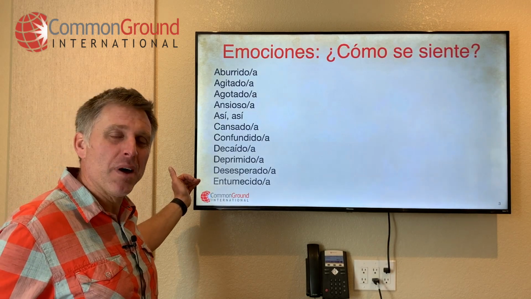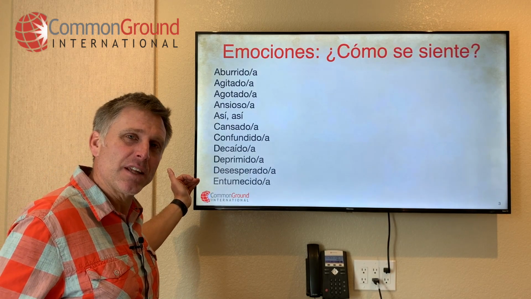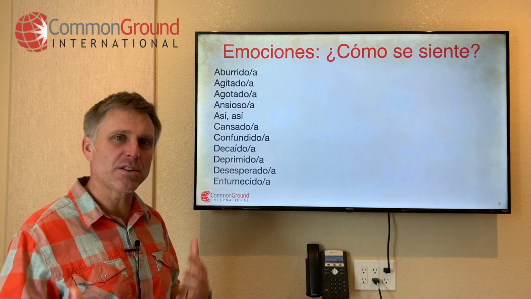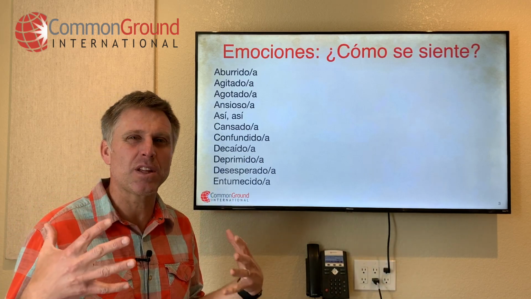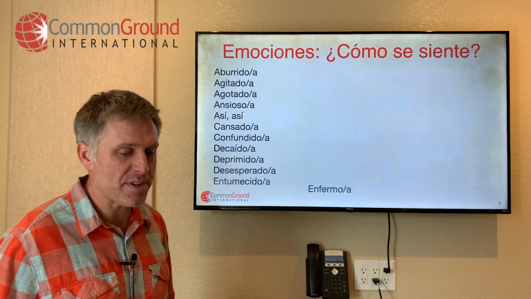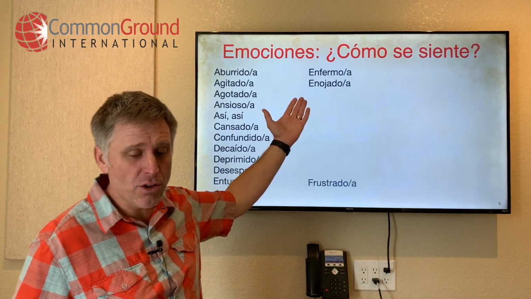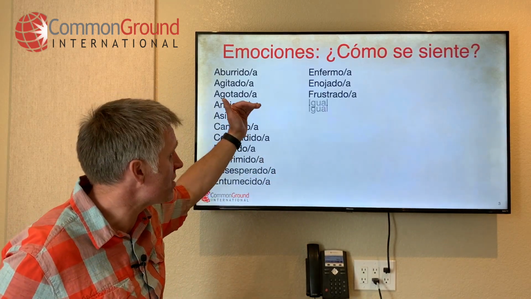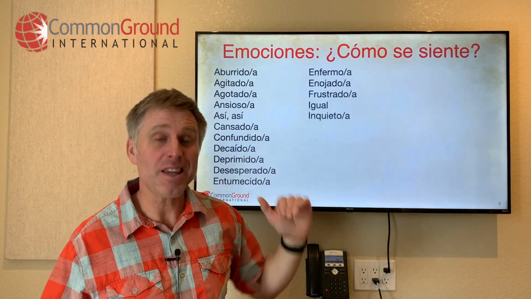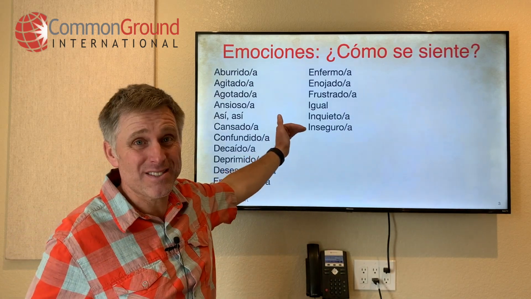Entumecido, numb. And we can use it for physically, like a body part physically numb, but when you're talking about mental health, just that general feeling of numb, like no feelings, then entumecido can work as well. Enfermo, ill or sick. Enojado, angry. Frustrado, frustrated. Igual, the same. Inquieto, restless. Inseguro, unsafe.